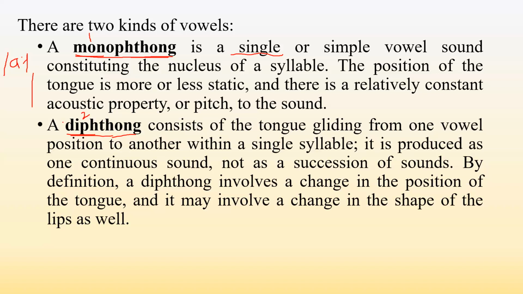So although there are two vowel sounds, both are produced as one continuous sound, not as a succession of sounds. By definition, a diphthong involves a change in the position of the tongue, and it may involve a change in the shape of the lips as well. The change in the position of the tongue is very important when we talk about diphthongs, right?